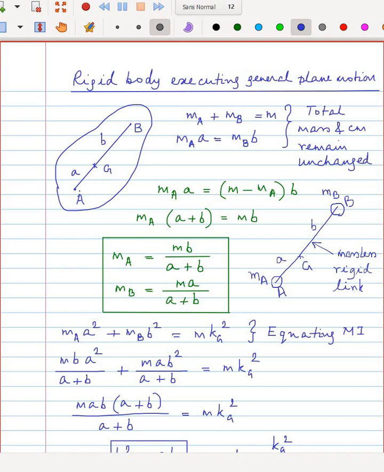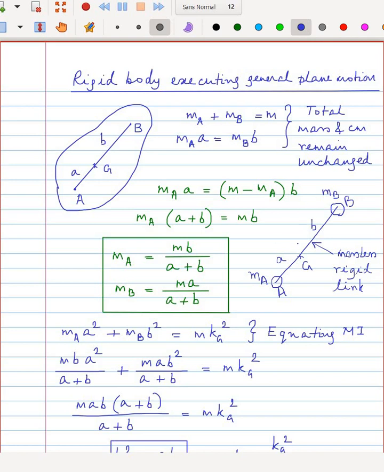So the first condition for equivalence is the total mass needs to be same. So the mass placed here and the mass placed here, the sum of them should be the mass of the rigid body, and the position of the center of mass should be preserved. That is, MA multiplied by a should be MB multiplied by b.